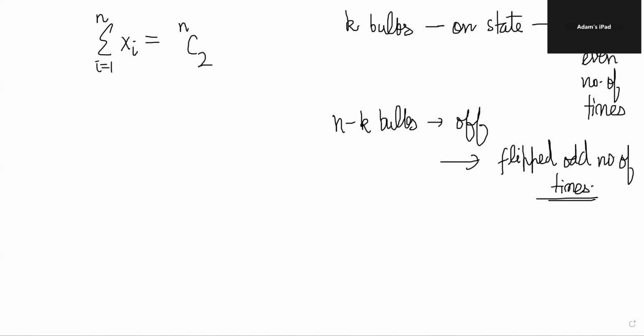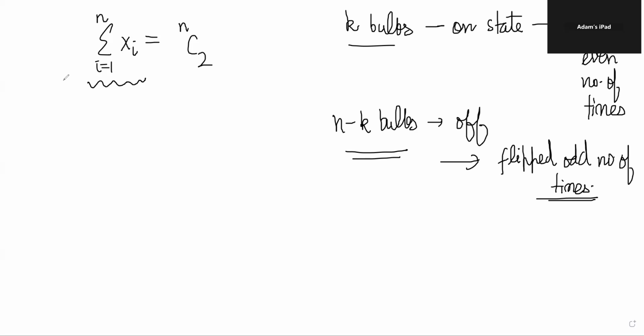Okay. So if you add up all the flips, the total number of flips should have the same parity as the sum of the flips for these two types of bulbs. This is the total number of flips that happen to all the bulbs.